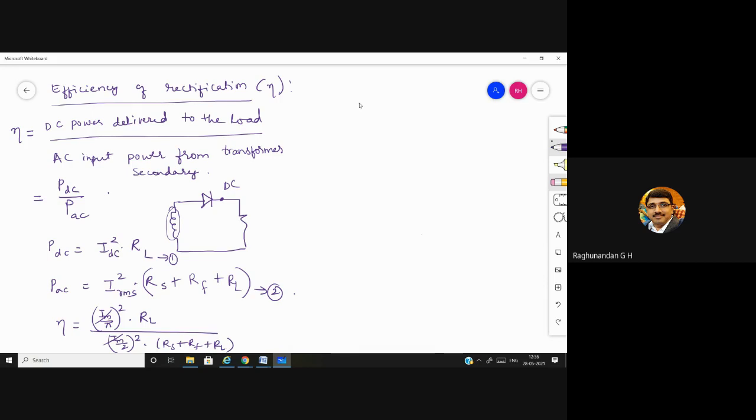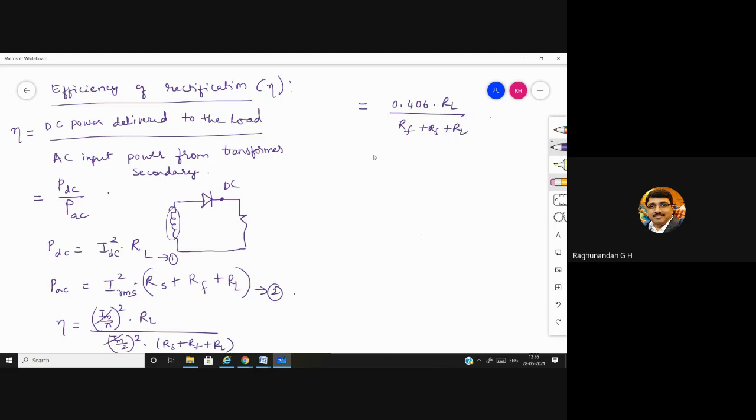And now the remaining thing is, if you simplify the remaining things, it will come around 0.406 into RL divided by RF plus RS plus RL.